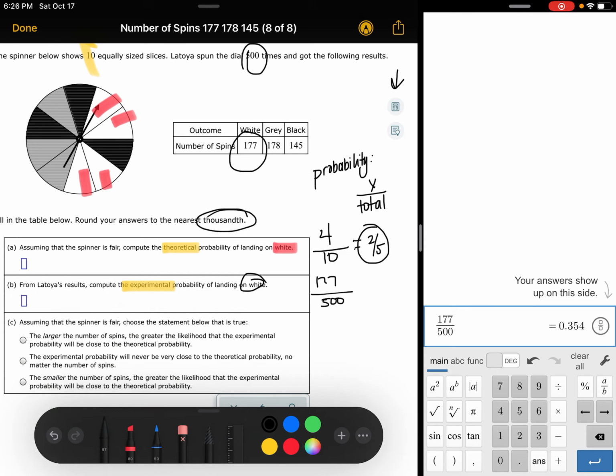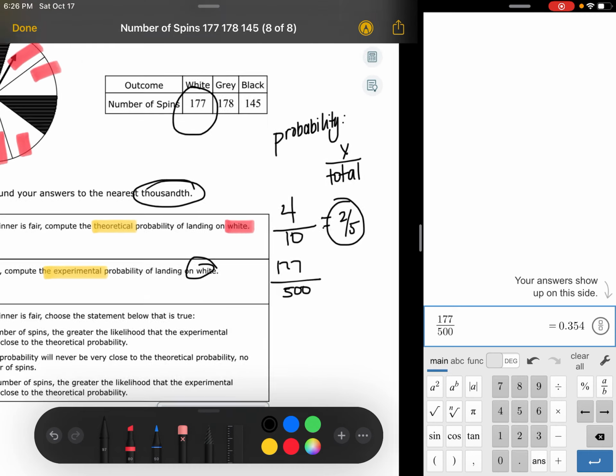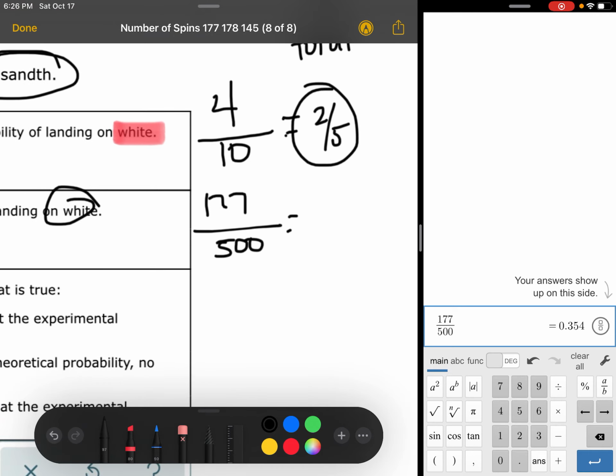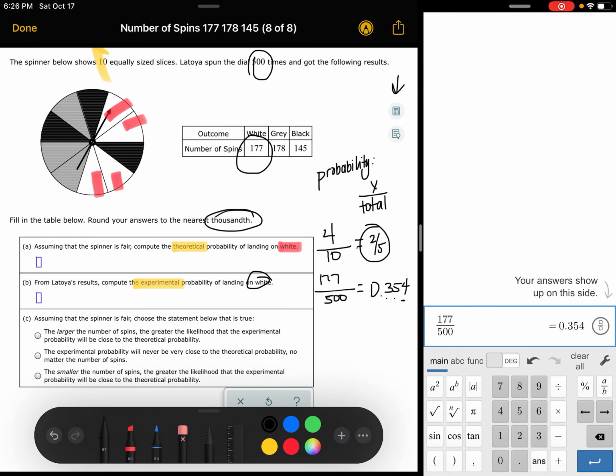So don't forget that. So my thousandths place for 177 over 500 is, well, my answer is 0.354, and I have tenths, hundredths, thousandths, so it's already in the thousandths. So I'm just going to put in 0.354.